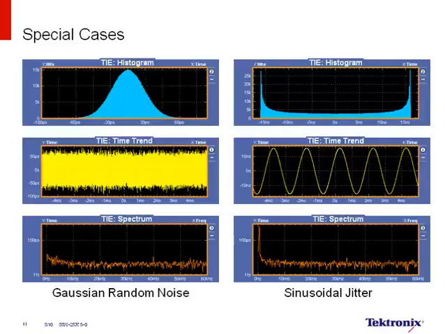Now, let's take a look at some unique special cases and unique views of jitter. A view that should be very familiar to you is the histogram view. In the top row, we see the histogram view of a jitter distribution. On the top left, it's a very familiar view, a TIE histogram that shows a very Gaussian distribution of random jitter.